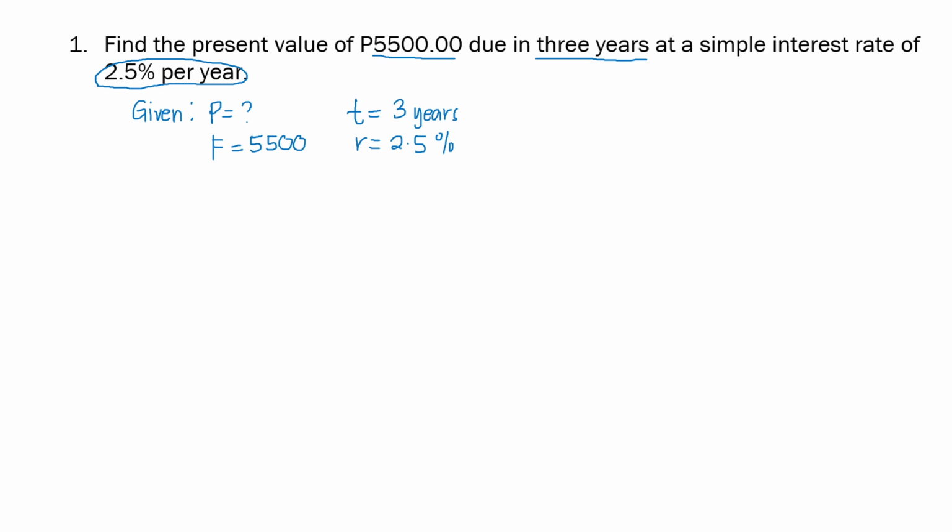So from percent we're going to change it to its decimal form. So we have to move atong i-move ning decimal place 2 places to the left. So mahimo siyang 0.025. So let's solve.